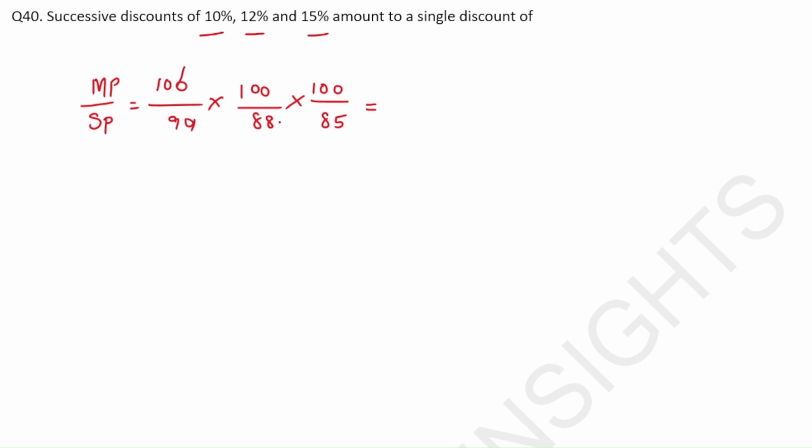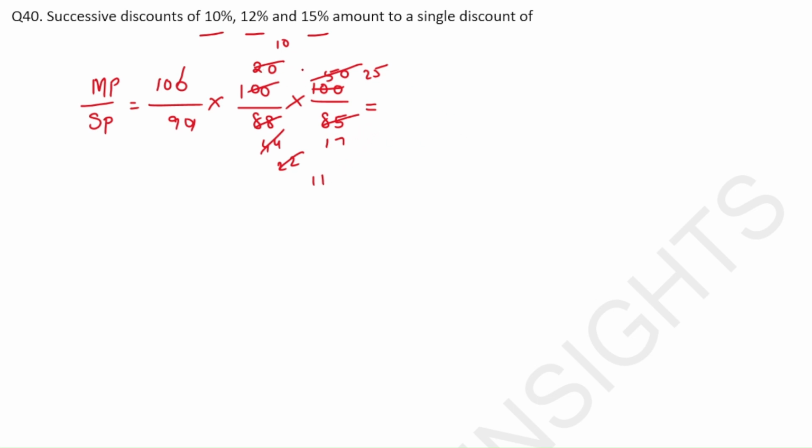0, 0 cancel. 5 2s are 10, 5 1s are 5. So we can cancel this also. Any more? No. So directly multiply all the values.